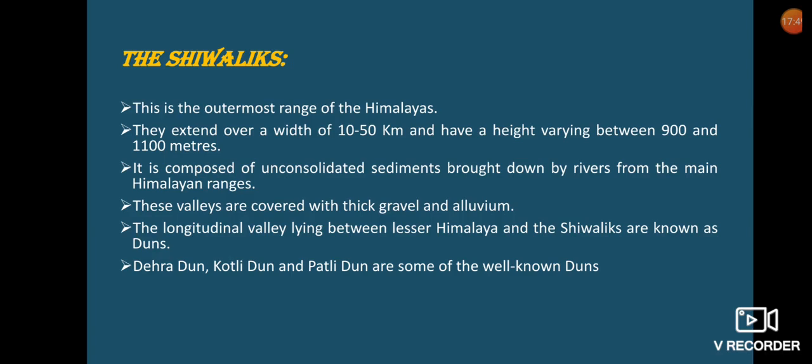These valleys are covered with thick gravels and alluvium. The longitudinal valleys lying between the Lesser Himalaya and the Shivaliks are known as duns. Further, these duns, which are named Dehradun, Kotli Dun, and Patli Dun, are some of the well-known duns.